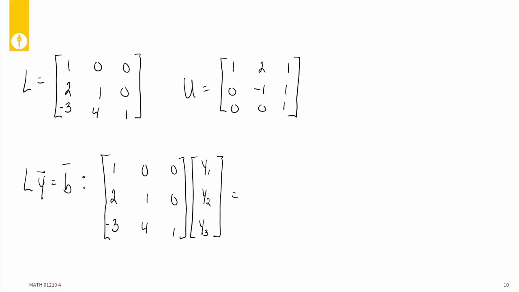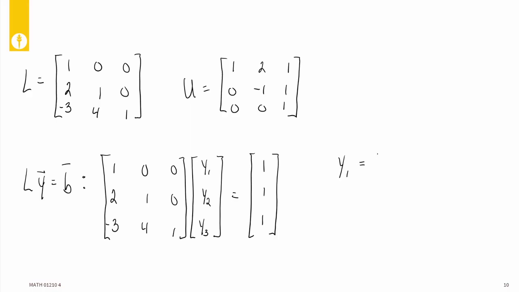And what was B? 1, 1, 1. And then solve. This is a system, right? So this will be forward substitution.